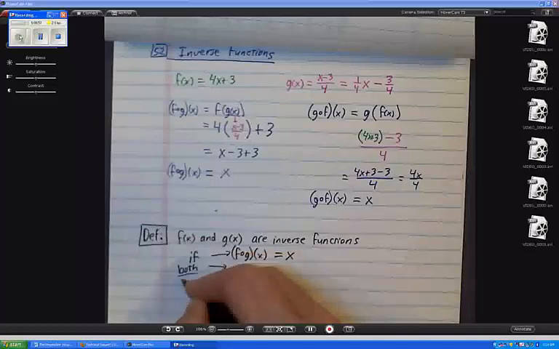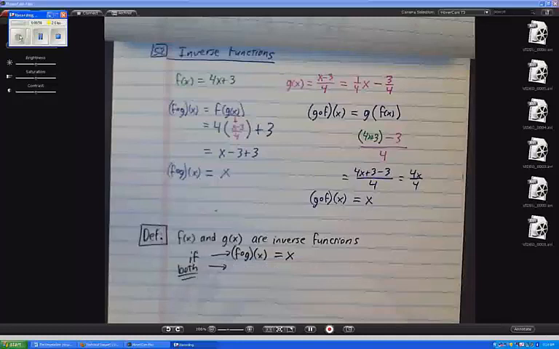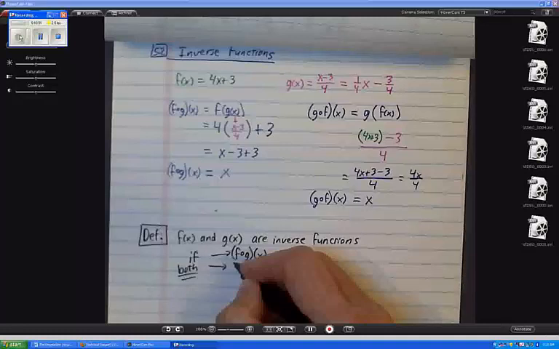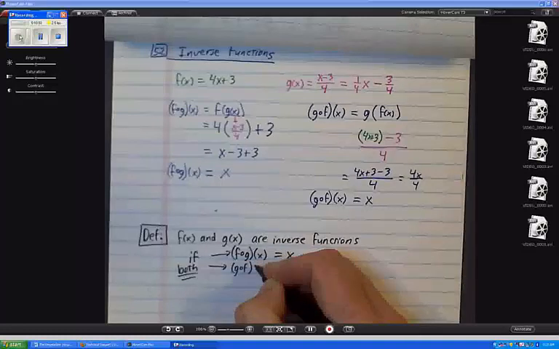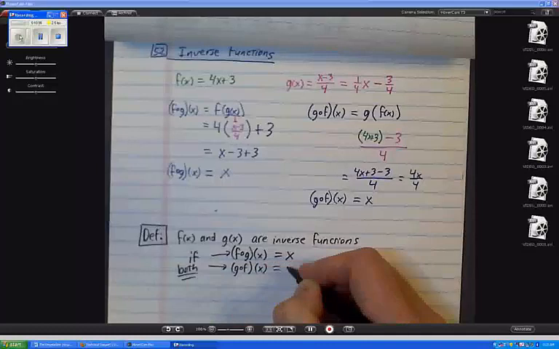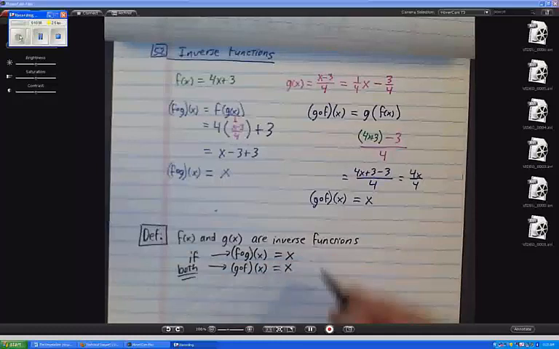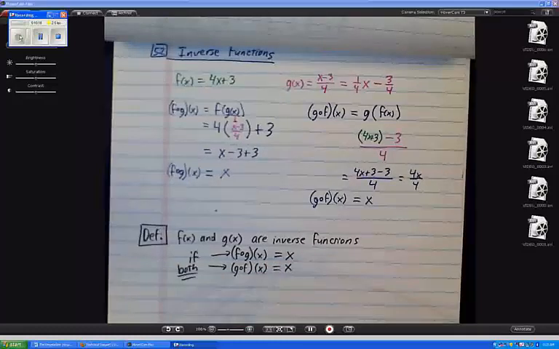Both of these. You need f composed with g of x to be x, and you need g composed with f of x to be x. You need both. And if we have that, then we call them inverse functions. Okay? So this is our first example.